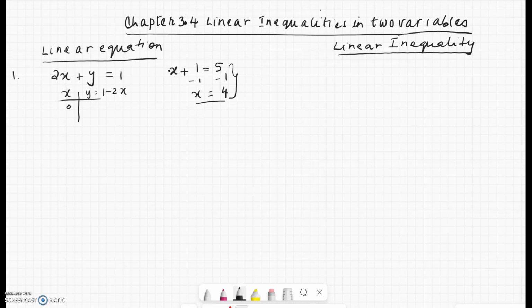So y equals 1 minus 0, which is equal to 1. What this tells me is the pair 0, 1 is a solution, it's just one solution to this equation.